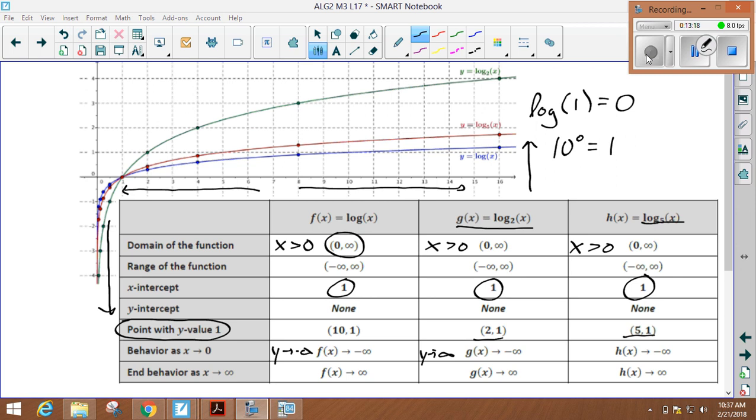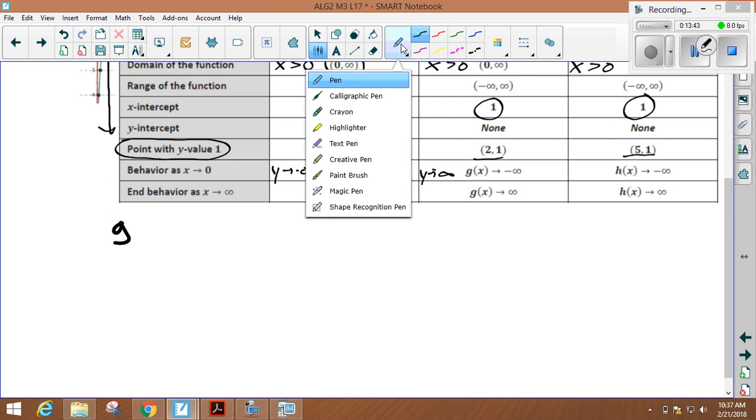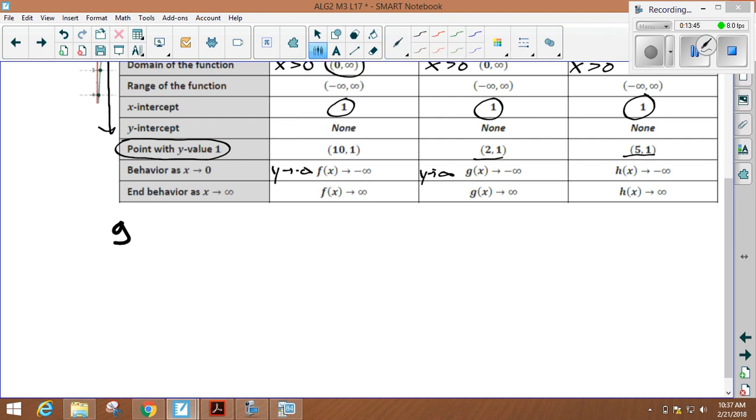How about g on that? Describe the range of your function. Well, it's all real numbers, right? X can't be less than 0, but y can have all kinds of different values, from negative infinity all the way to positive infinity. So for g, we can use a couple of different forms of notation.